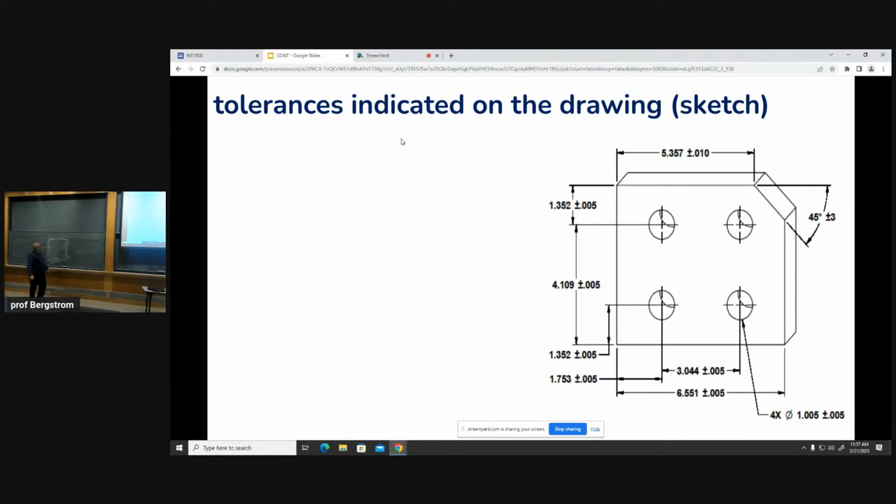So how big is that? What is that, a chamfer? It's kind of a giant chamfer on that corner, huh? How big is that chamfer? Yep.